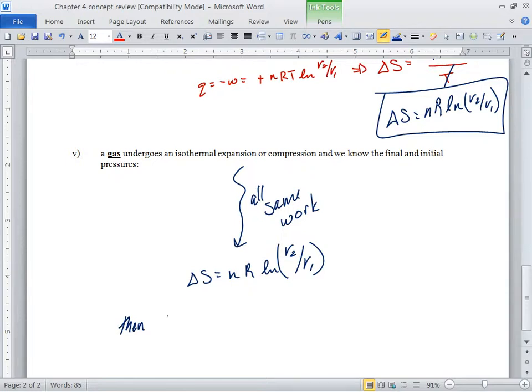That makes your first fraction have P2 on the bottom. That's V1 over V2, and we have the nR on one. And it's V2 over V1, and we have nR, P1 over V2.